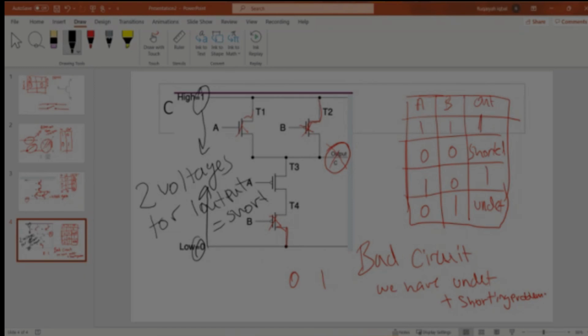I don't know if you know what a fuse is, but that's not really important. Undefined means that there's no voltage from here coming up, and there's no voltage from here going down. So undefined means none. Shorted means 2 different voltages.